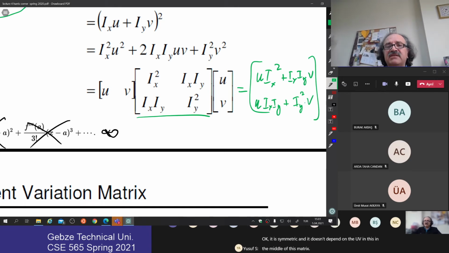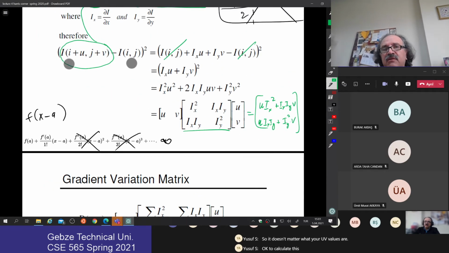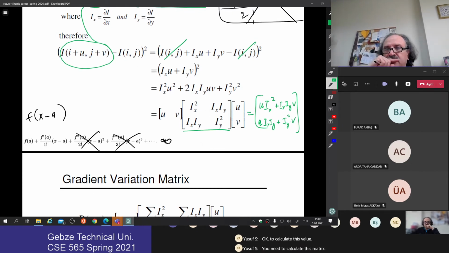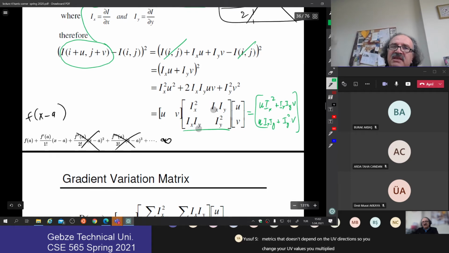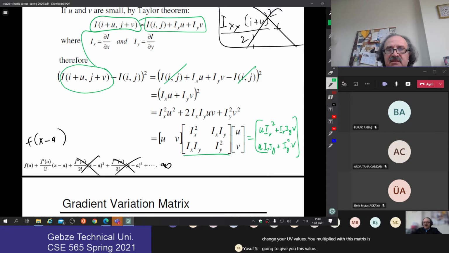So it doesn't matter what your UV values are. To calculate this value, you need to calculate this matrix. It is just a matrix that doesn't depend on the UV directions. So you change your UV values, you multiply with this matrix, and it's going to give you this value. It's nice, right? It's a very clever way of expressing stuff.